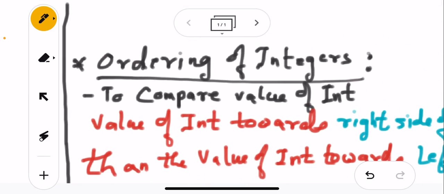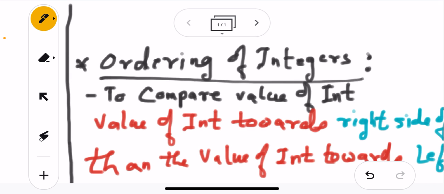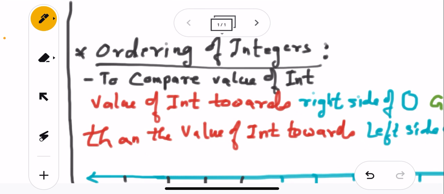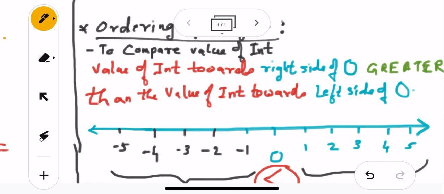The next thing, ordering of integers. To compare the value of integers, we need to study the number line of integers. The value of the integers which are towards the right side of the 0 on the number line is always greater.